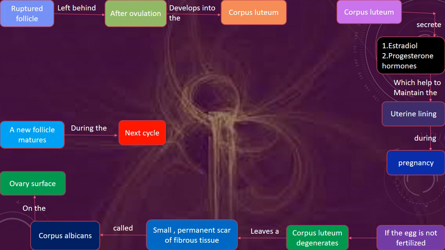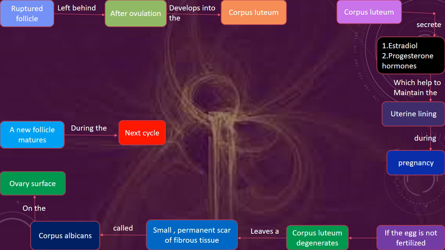The ruptured follicle left behind after ovulation develops into the corpus luteum. The corpus luteum secretes the hormones estradiol and progesterone, which help to maintain the uterine lining during pregnancy.